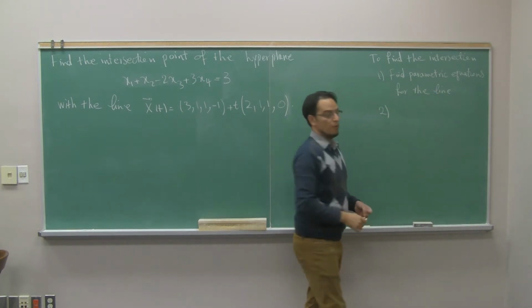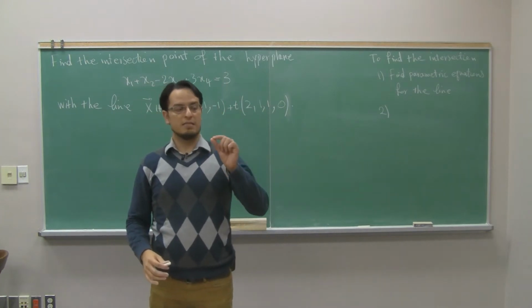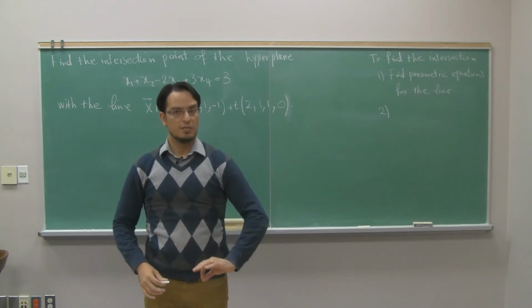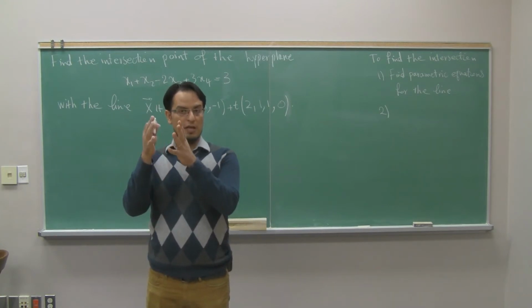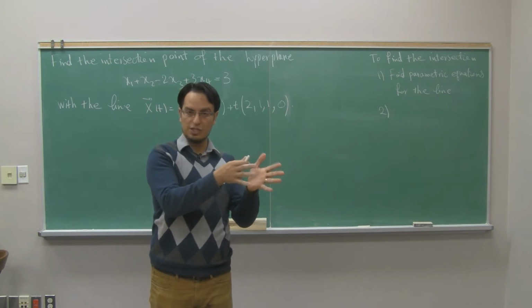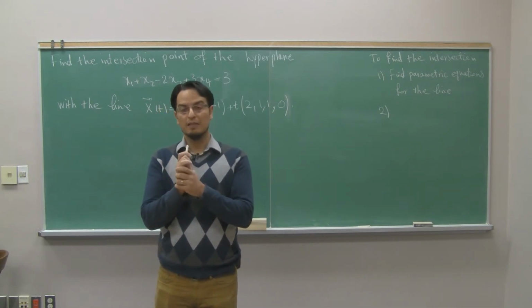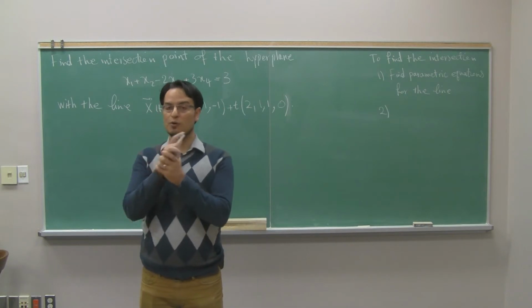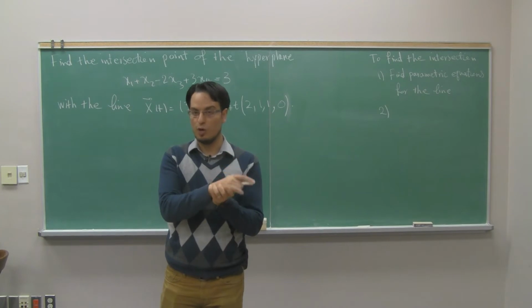Step 2, when you find parametric equations, for each x1, x2, x3, x4, for each component you have an equation, and each component is given in terms of t. Then you plug in those equations in the equation of the plane or hyperplane.